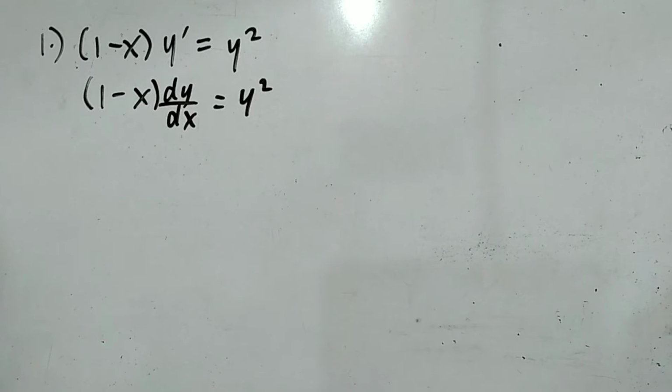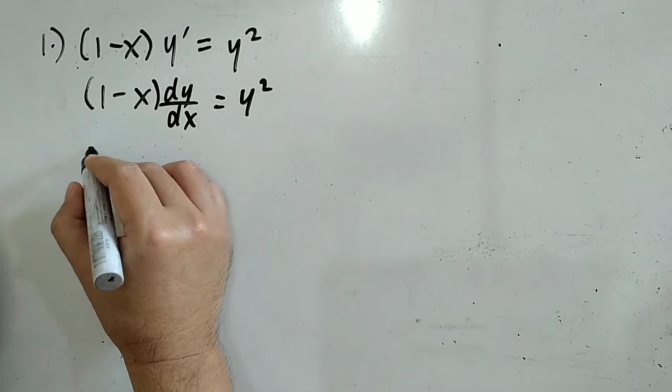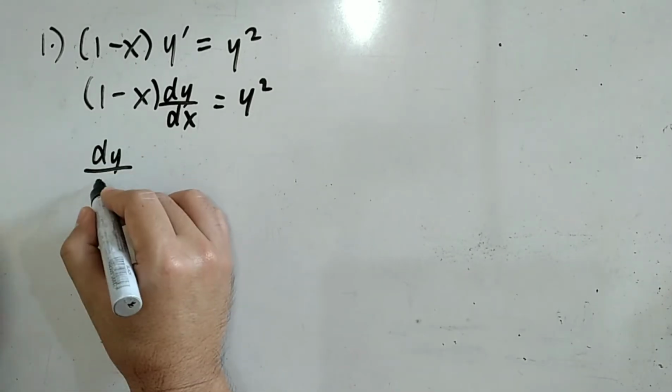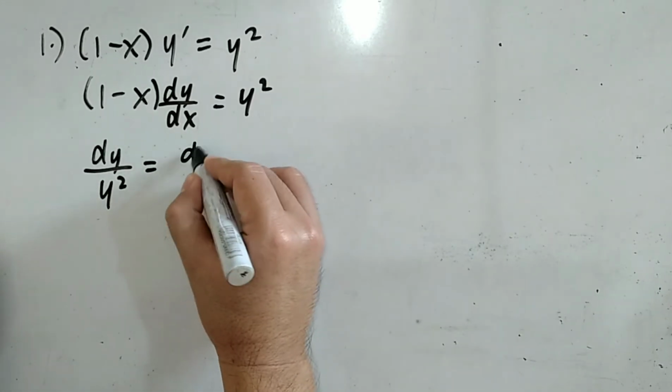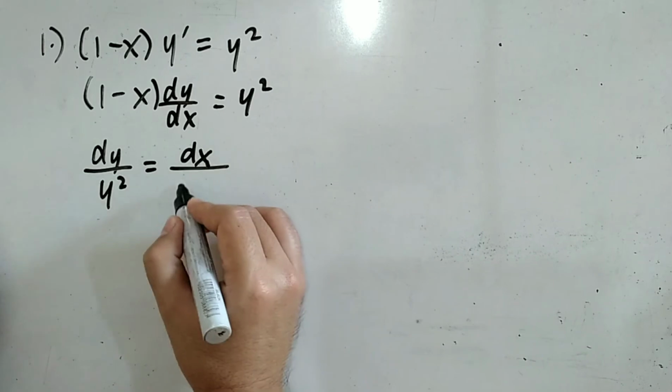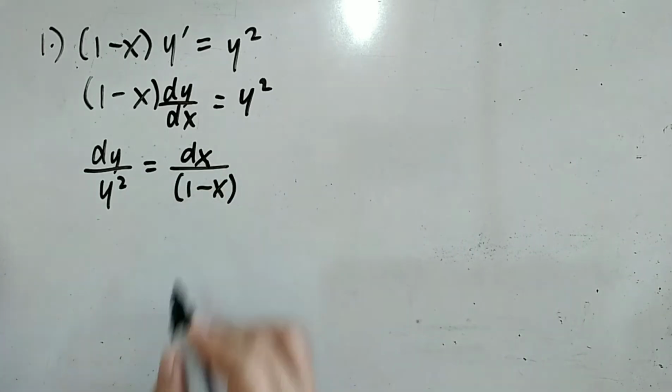We need to rewrite the equation so that one variable is on one side and the other variable is on the other side. So here we can retain dy over y squared, transpose y to the other side, and transpose dx to the other side, and 1 minus x.